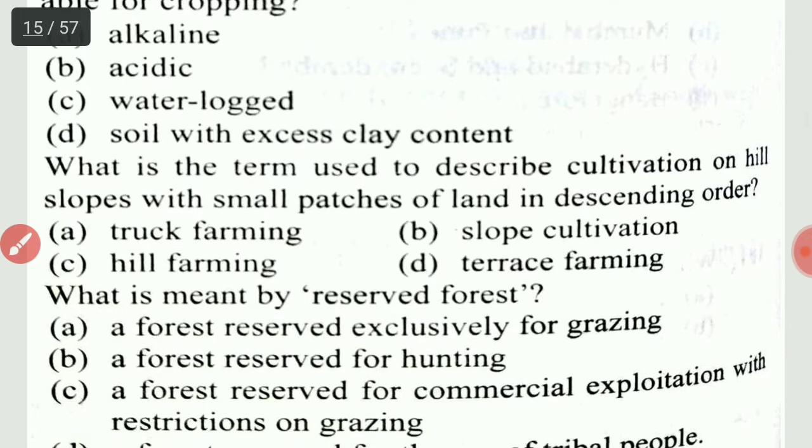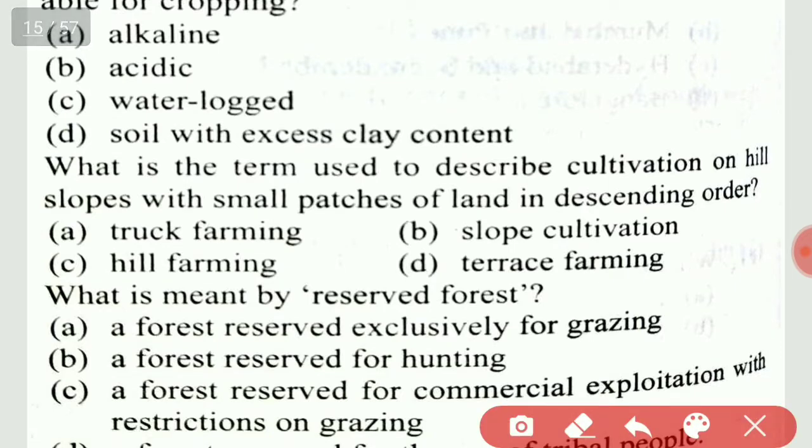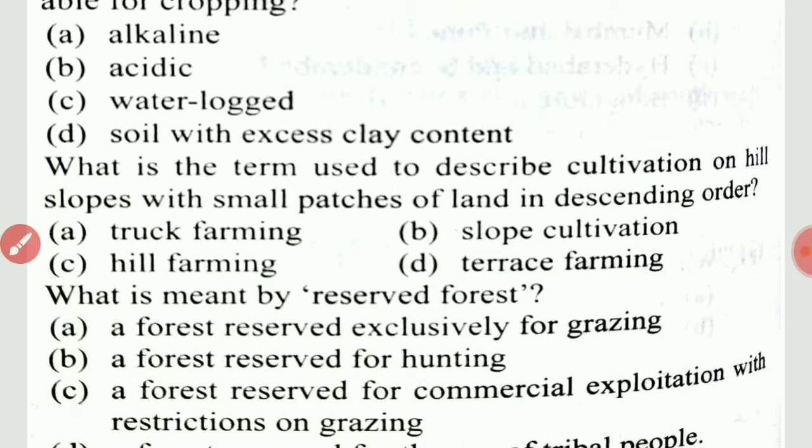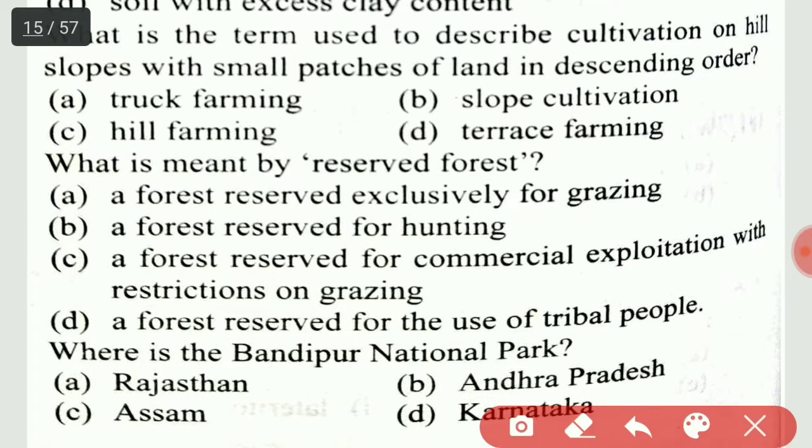Next, what is the term used to describe cultivation on hill slope with small patches of land in descending order? Right option is option D, terrace farming.